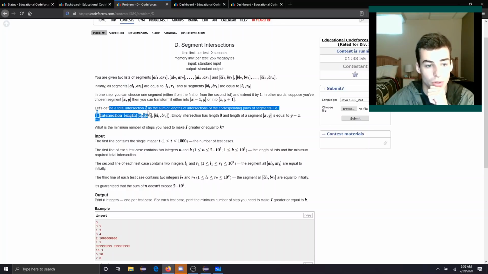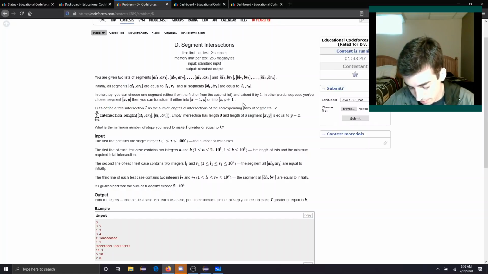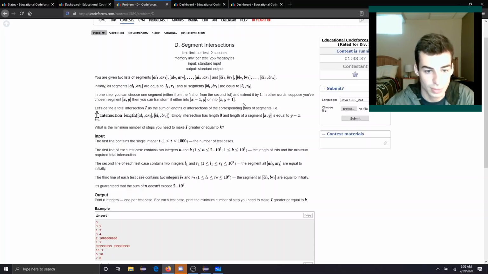Let's define the total intersection as the sum of lengths of intersection of all corresponding pairs of segments. We take all pairs, find their intersection. Oh, intersection. Got it. Yes, I think I see. What is the minimum number of steps you need to make the intersection greater or equal to k?